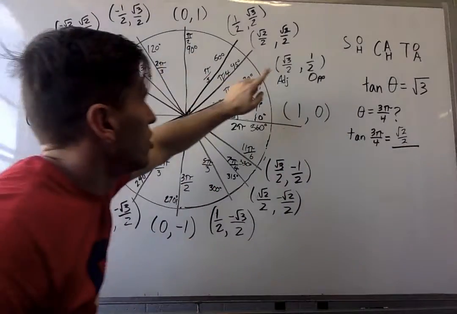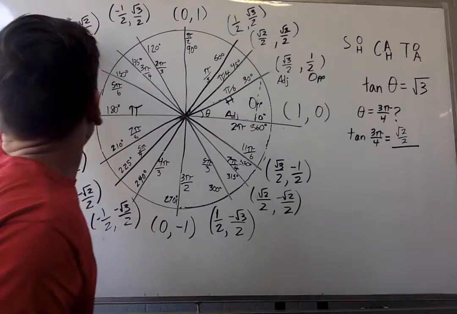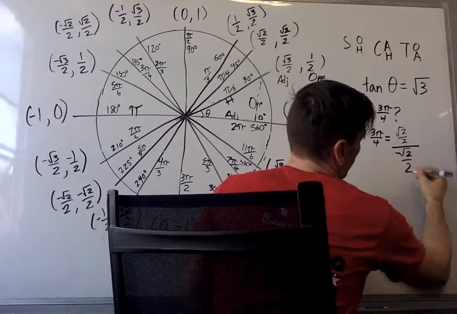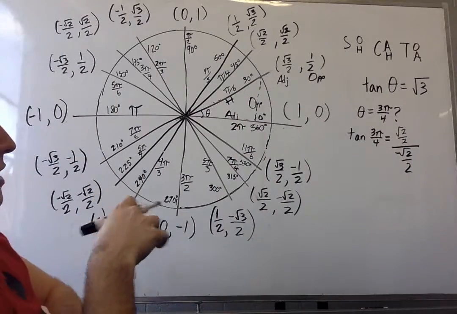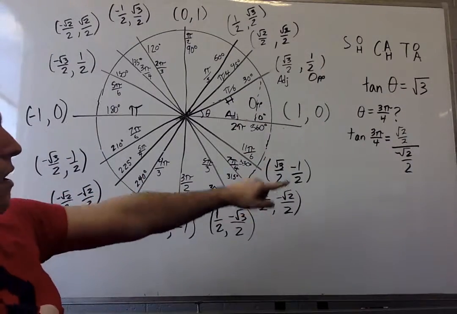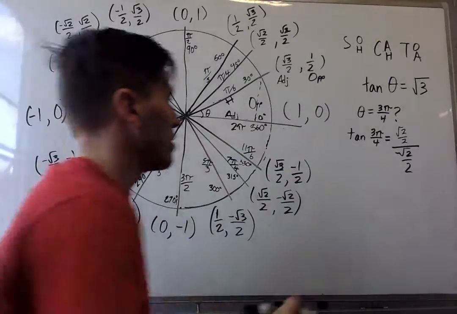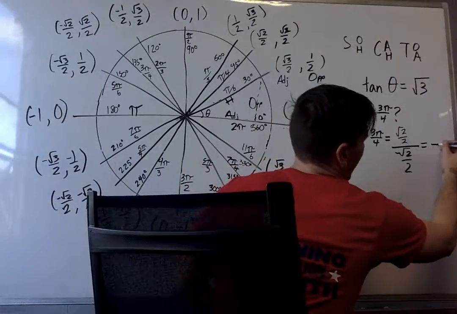And remember, adjacent is the x-coordinate, so in this case that's going to be negative rad 2 over 2. Looking at this, I see the same thing over the same thing, so this whole mega fraction is going to reduce to negative 1.